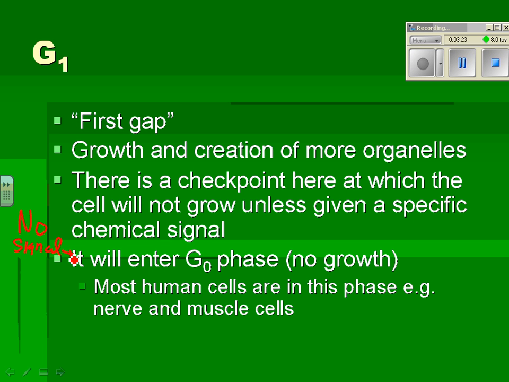As you're sitting here, most of your cells are just not growing, they're just doing whatever they do. Some cells, human muscle cells and nerve cells, are permanently in this phase.